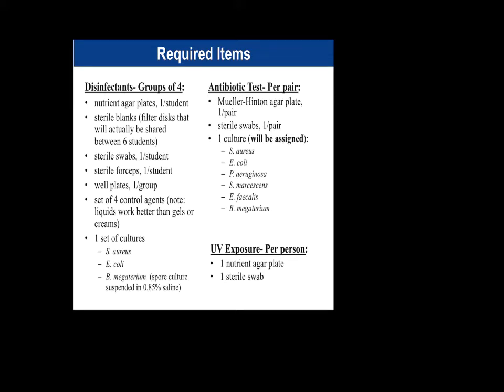The plates get prepared with a lawn of bacteria, and then we have these discs, and they essentially look like little hole punches, and these are filter discs that soak up the liquid of whatever you're trying to test, and then we aseptically transfer these little discs onto the surface of the plate, onto the culture, and then we incubate it and see how well that disinfectant or antiseptic performed.